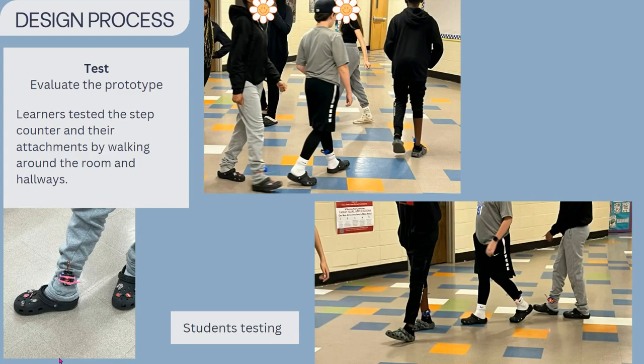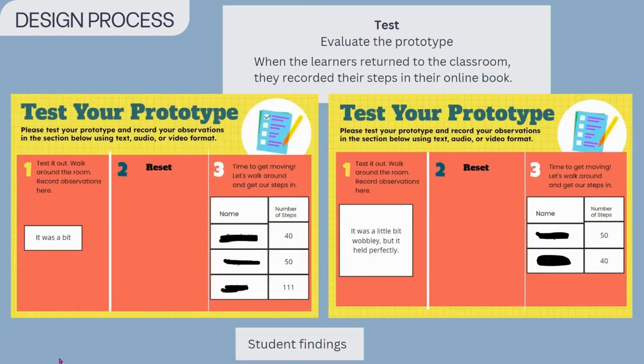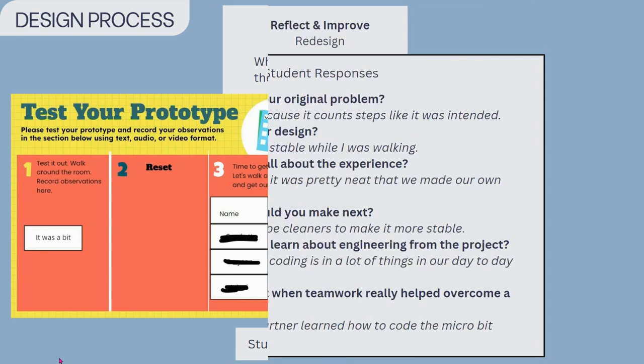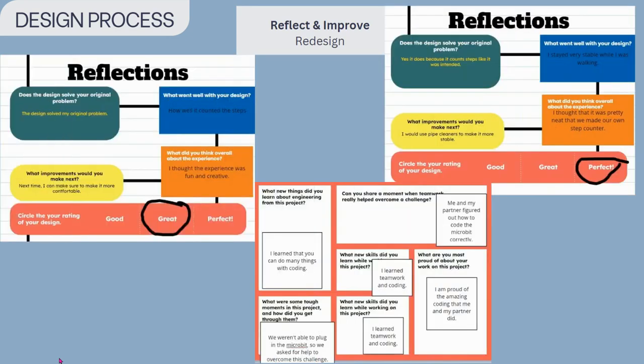For tests, where they evaluated the prototype, they tested the step counter and their attachment by walking around the room and hallways. When they returned to the classroom, they recorded their steps in their online book, and they were able to reflect and improve the design of the step counter and their attachment.